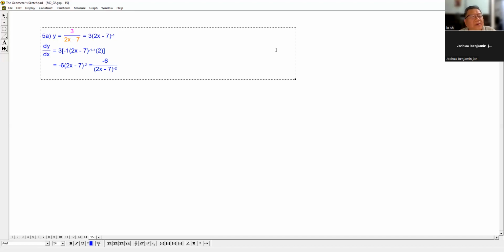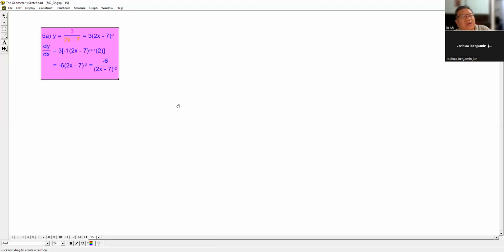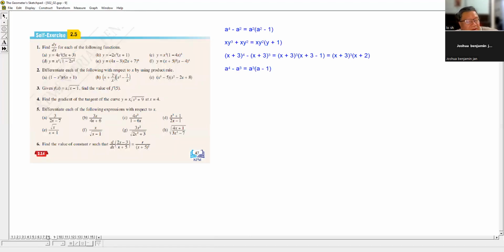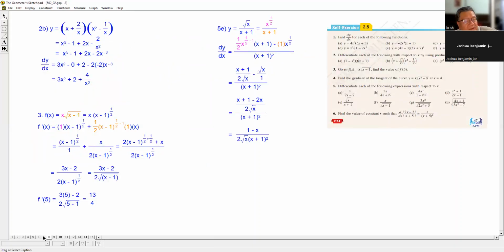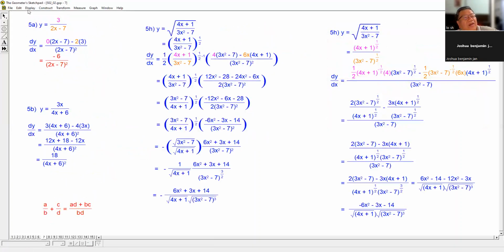Okay, right. So we look at this question number 5a from 2 angles. The first one, I look at it as a quotient of two functions, 3 and 2x minus 7. 3 is at the top, differentiate the top, keep the bottom, minus, differentiate the bottom, then the top you keep, then divide by the bottom square.